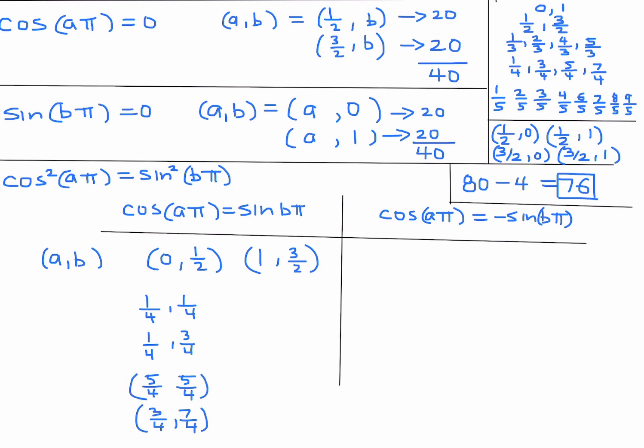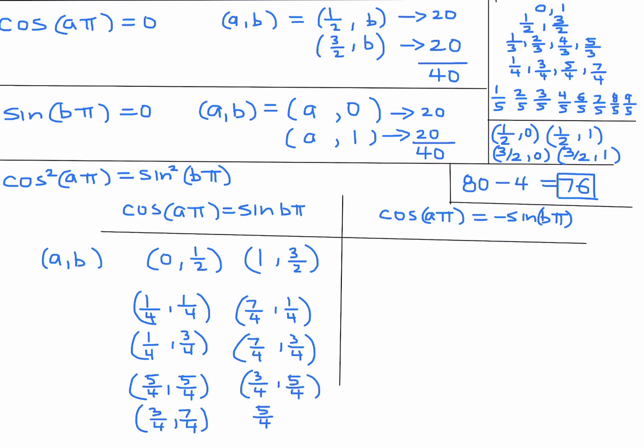So this is 4 of them. But then we also have 7/4 and 1/4, 7/4 and 3/4, and then we have 3/4 and 5/4. And then finally we have 5/4 and 7/4. So we've got all these for this guy right here.